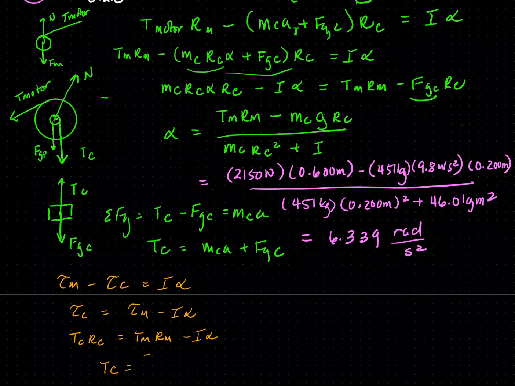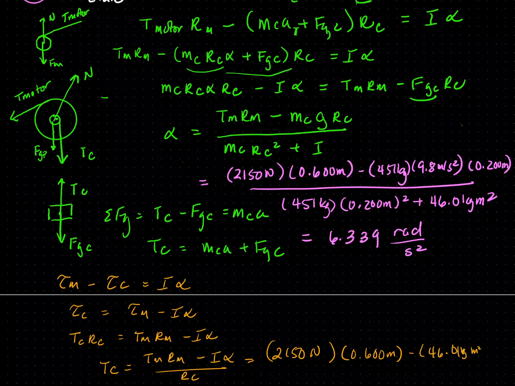So Tc becomes Tm Rm of the motor minus I alpha, divided by Rc, which is 2150 newtons times 0.600 meters minus the moment of inertia, which was given as 46.0 kilograms meters squared, times my angular acceleration, which is 3.4 radians per second squared, divided by R of the smaller pulley, which is 0.200 meters, which gives us approximately 4,902 newtons.